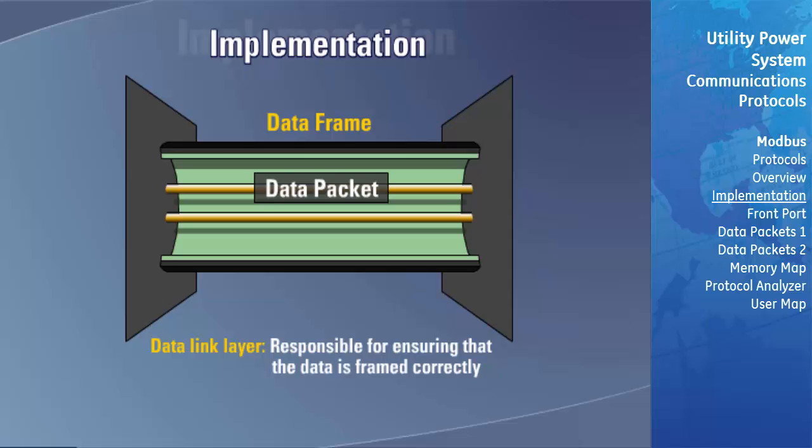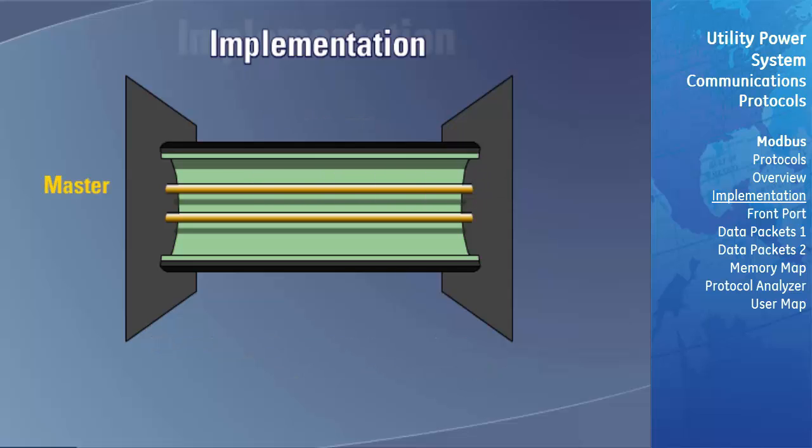The data link layer is responsible for ensuring that the data is framed correctly. The master transmits a packet to the slave, and the slave responds with a packet. The end of both data packets is marked by dead time on the communications line.